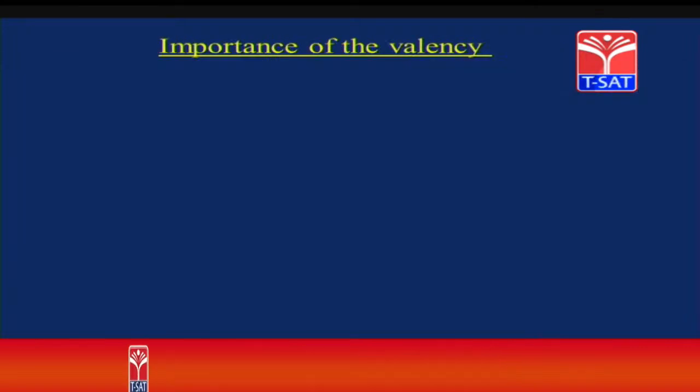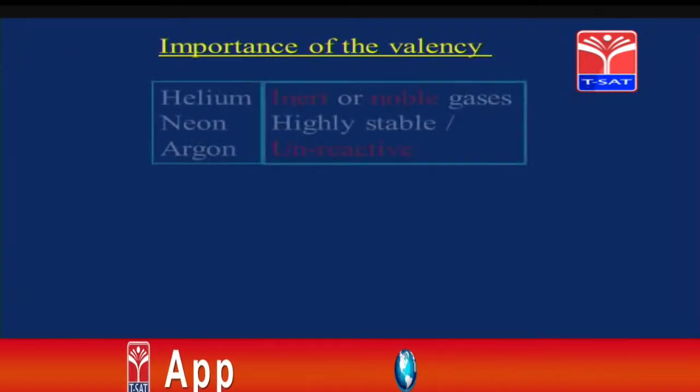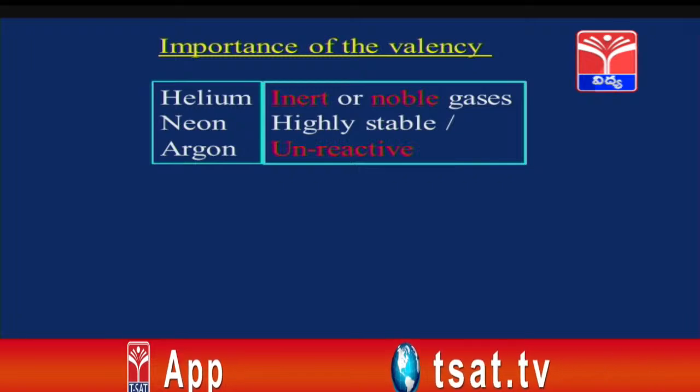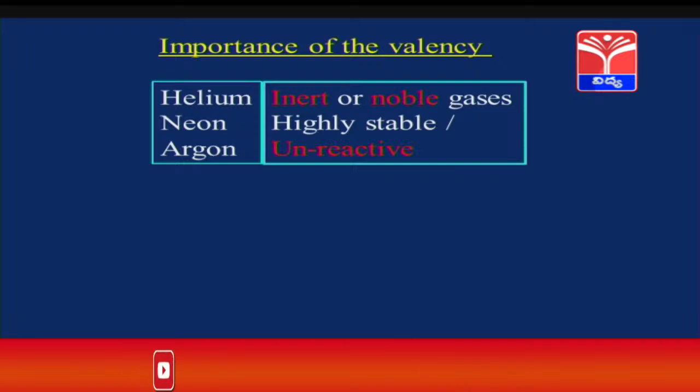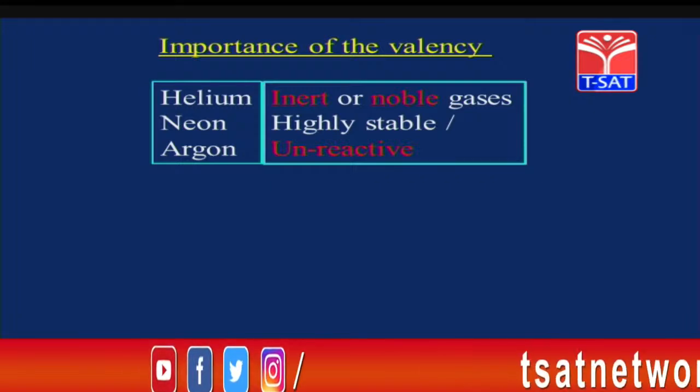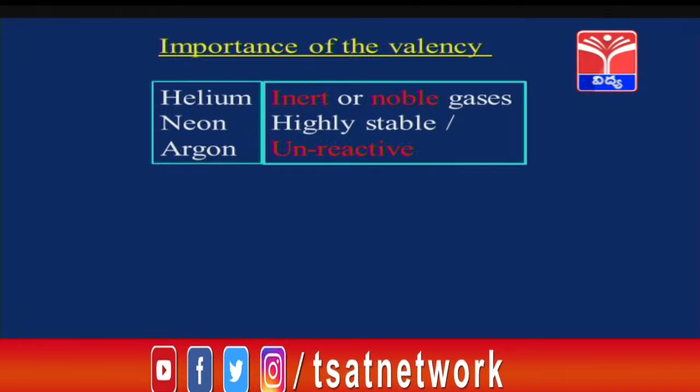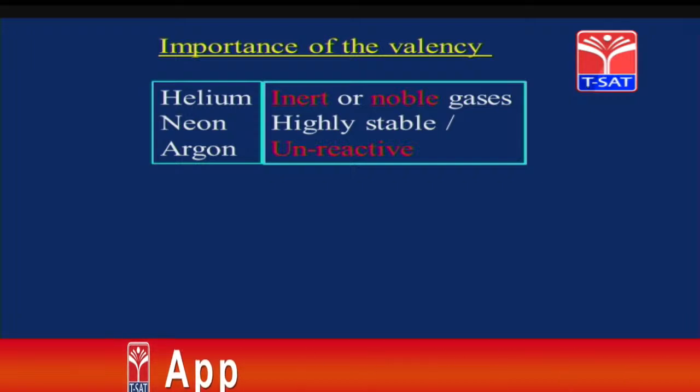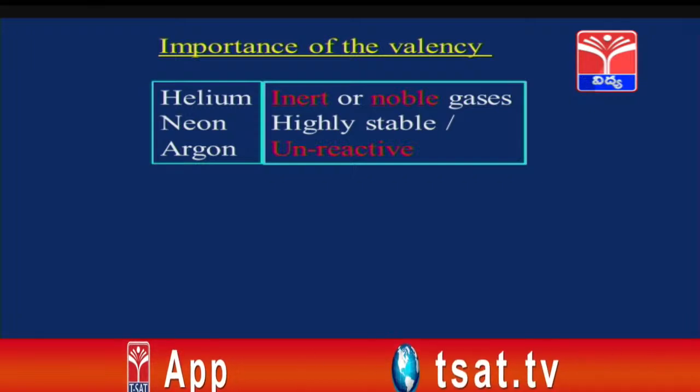So, what is the importance of this valency? From our discussion we know that helium, neon, argon, these elements have 0 valency. That means these elements do not combine with other elements. So these are inert or noble gases, highly stable unreactive species.